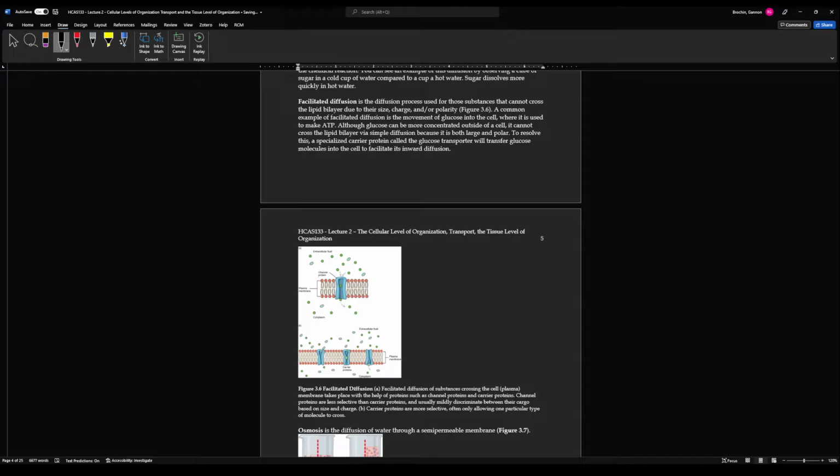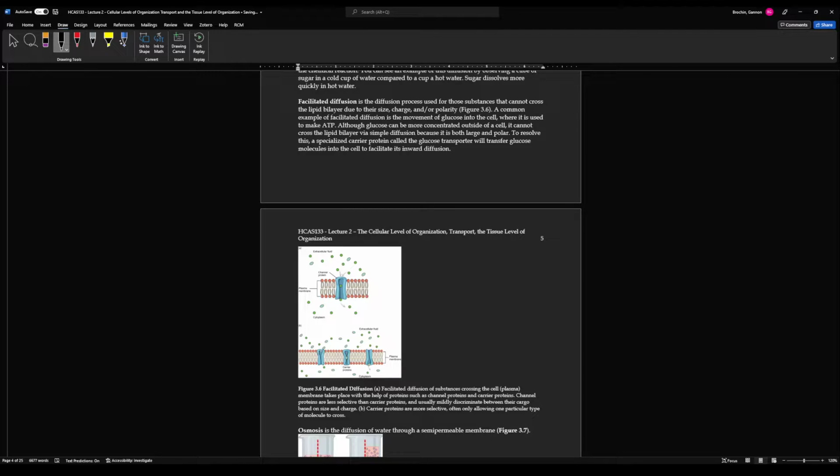Now, there is something called facilitated diffusion, and I hinted at this earlier talking about the leak channels. We can have facilitated diffusion where a protein or some other molecule assists a large or polar charged molecule to go through.